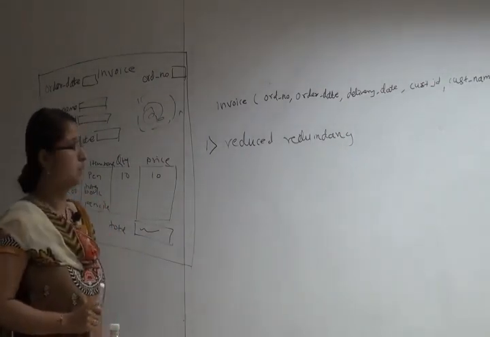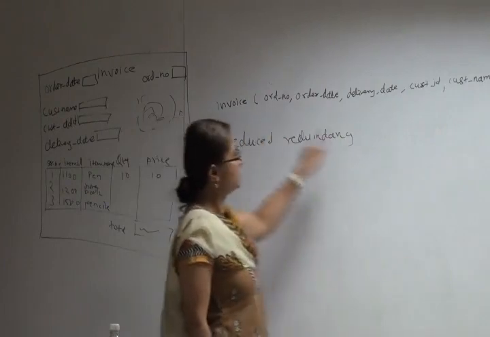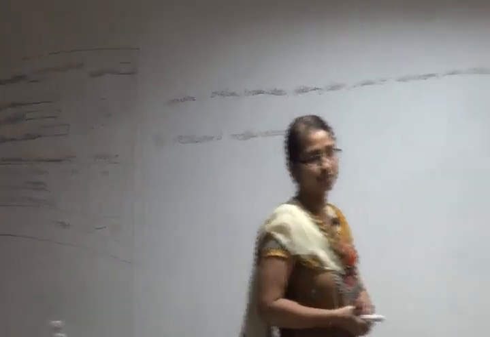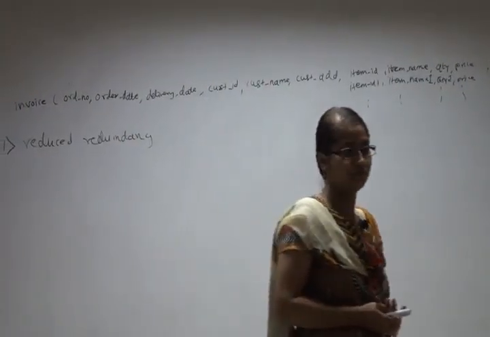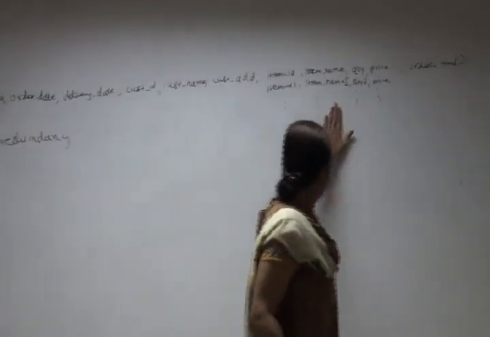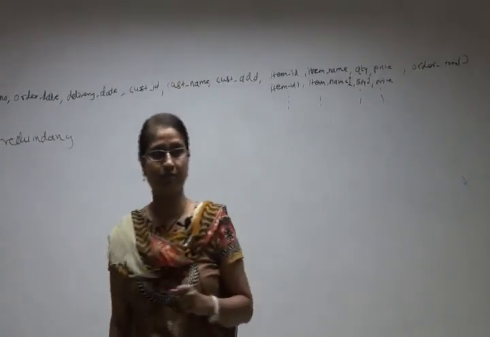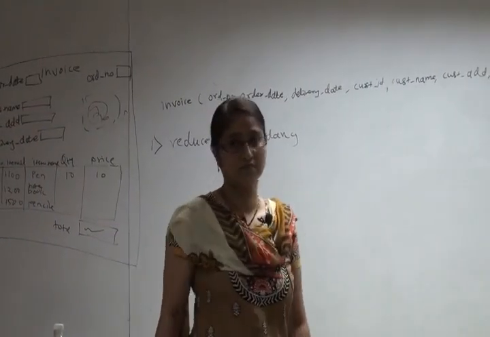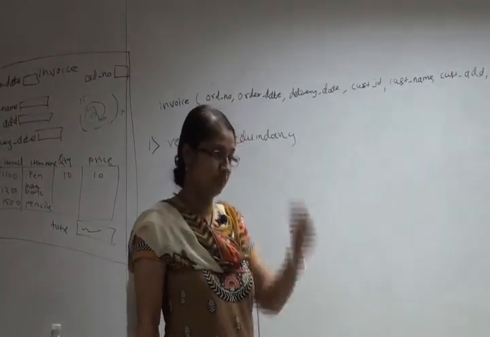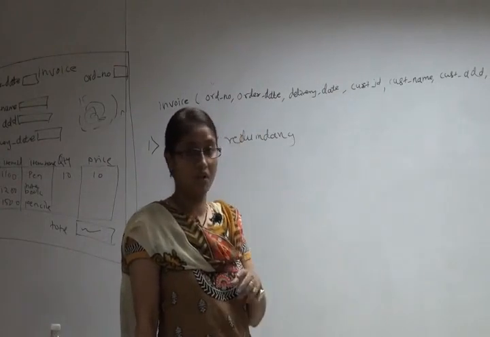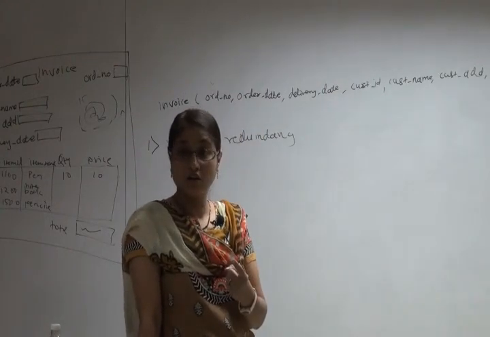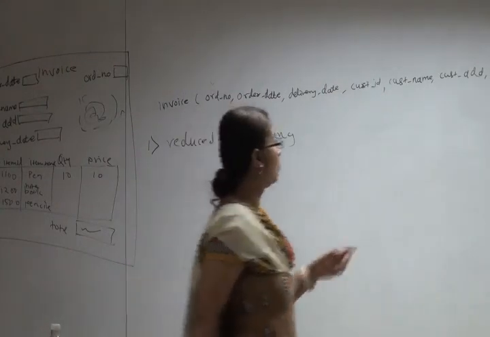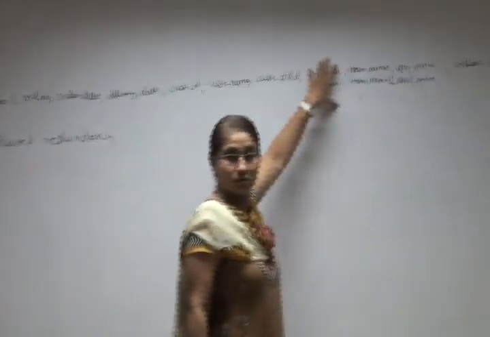Now, if this type of table is created, how many columns for this will you give? Okay, you are saying one column for all these things.